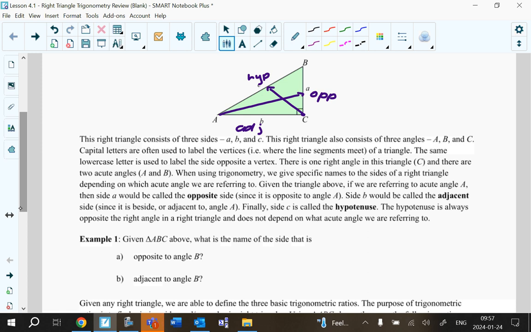Little b, because from B, draw an arrow, the side that you hit is the opposite. And adjacent by default, because this is the hypotenuse, will be little a. So little b, okay.